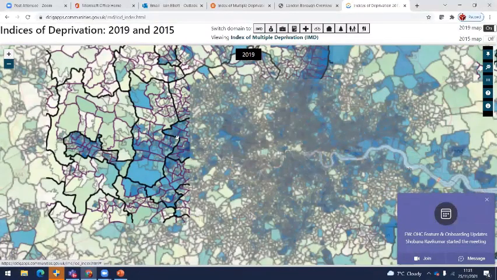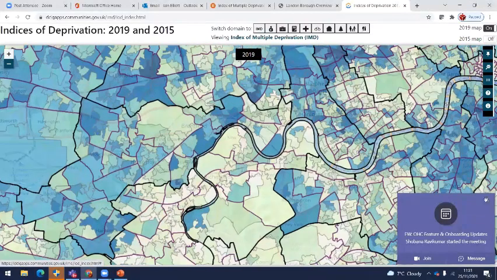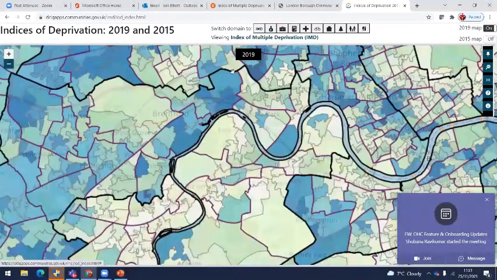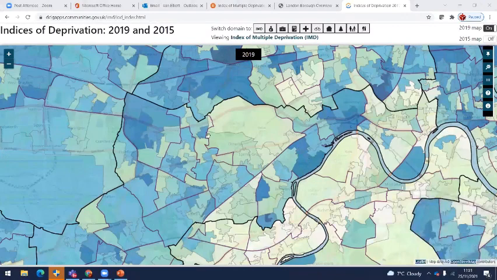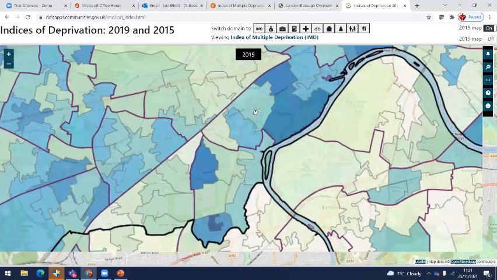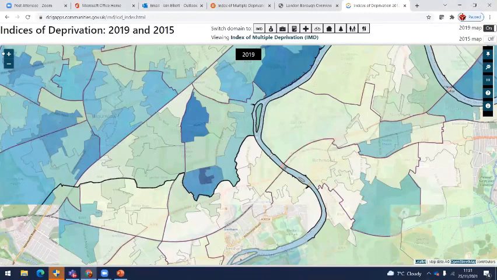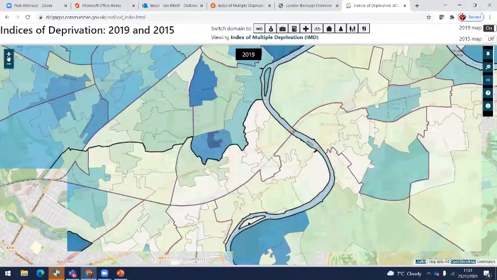So basically, the darker the color, the higher the level of deprivation. So it's quite good at seeing pockets of deprivation in areas where otherwise there isn't much deprivation. You can see down here, Ivy Bridge Estate comes up as quite a high level of pocket deprivation.